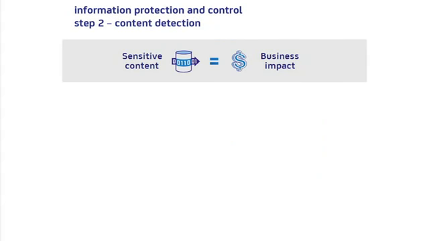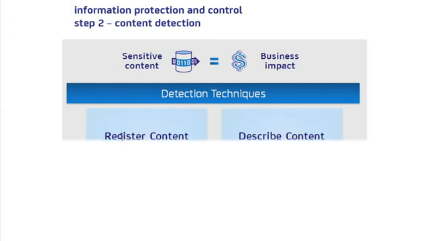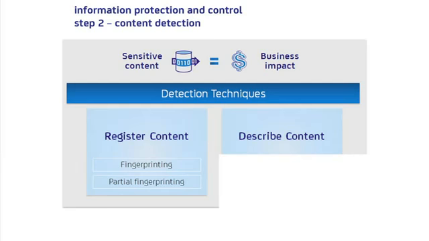Next, we'll cover content detection. Accurately detecting sensitive content is a critical element of control. Detecting sensitive content which could impact the business provides a key piece of information to controlling data. There are 2 techniques you need to take into account when detecting content: the ability to register content and the ability to describe content. Content registration examples include fingerprinting and partial fingerprinting.